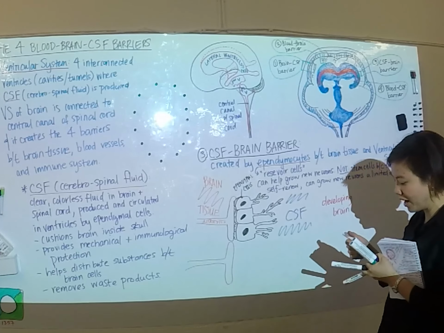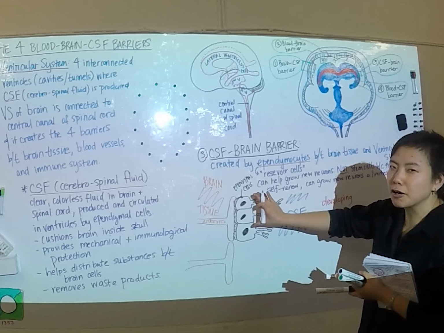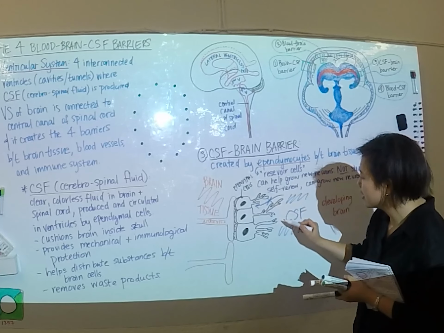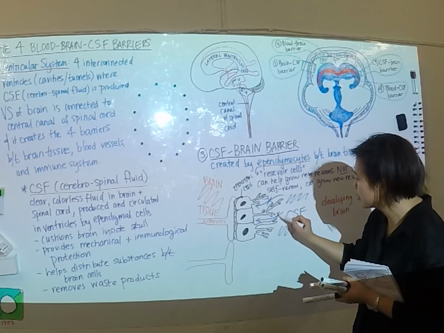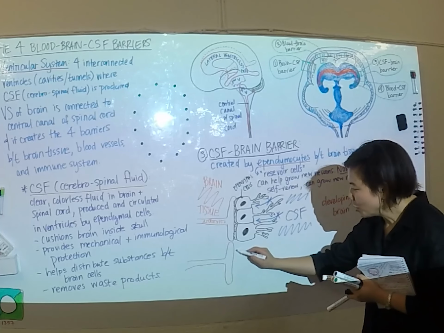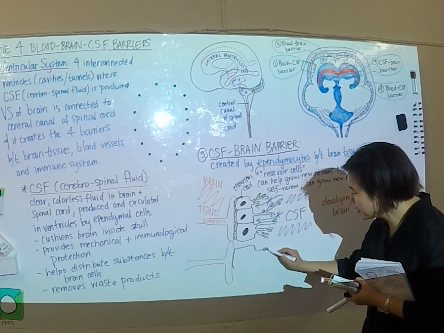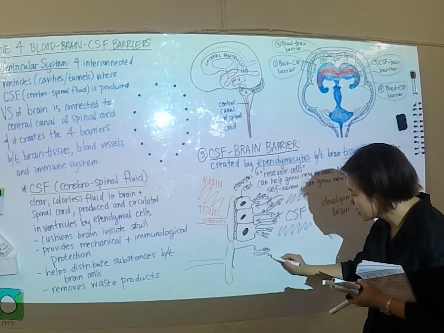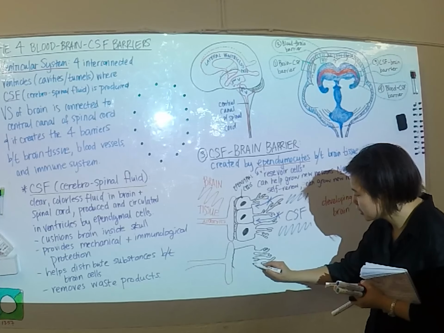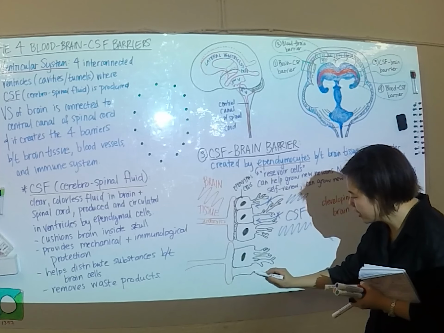And in a developing brain, this barrier, the ependymal cells are really tight next to each other. So nothing from the CSF can pass through, all right? However, in an adult brain, what happens is the ependymocytes spread out a bit, okay?